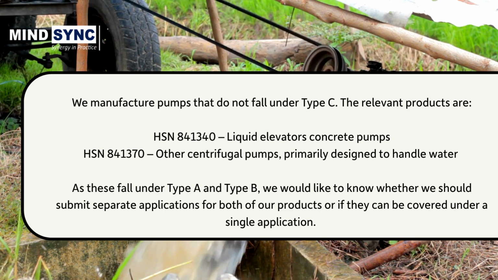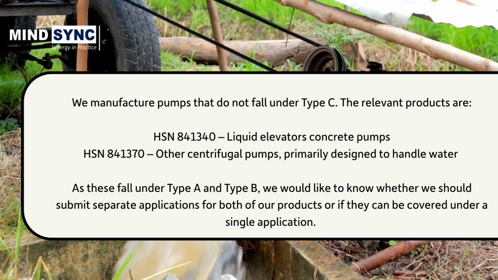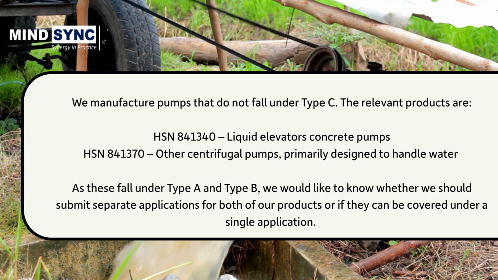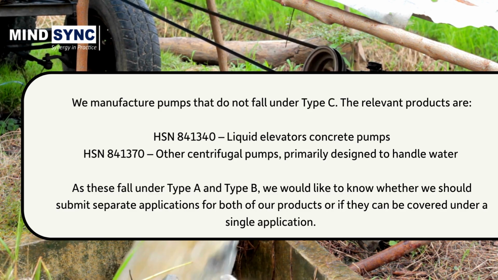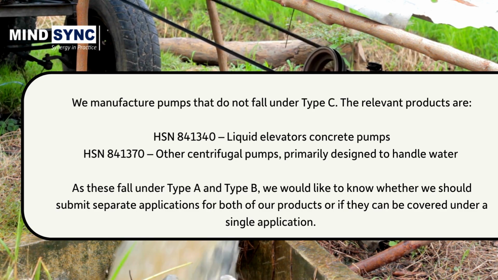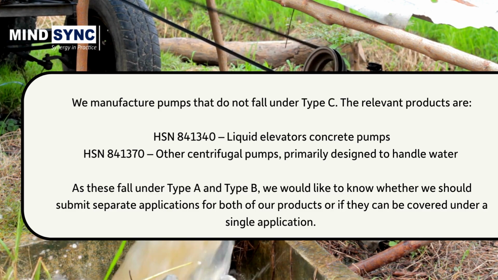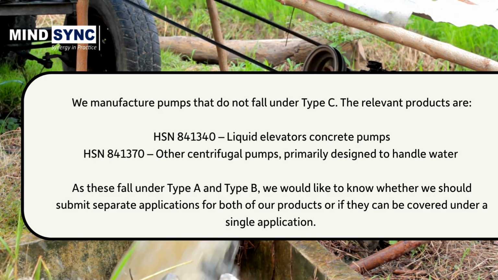Okay, and one more important question is, we manufacture pumps that do not fall under Type C. The relevant products are HSN 841340 liquid elevator concrete pumps and the next one is other centrifugal pumps. Okay, all these fall under Type A and Type B. We would like to know whether we should submit separate application for both of our products or if they can be covered under a single application.